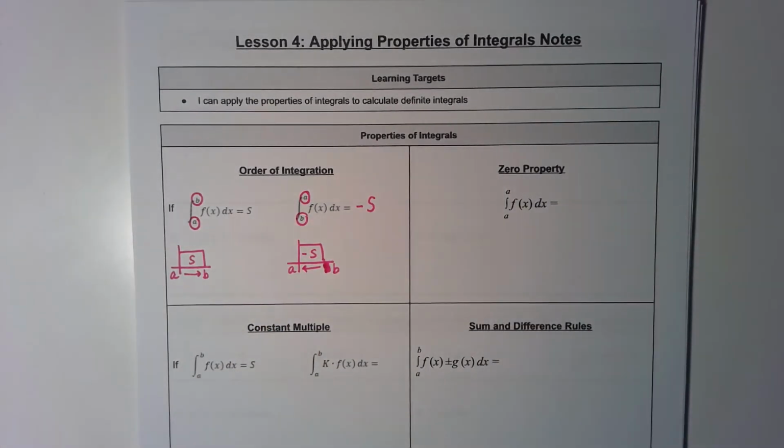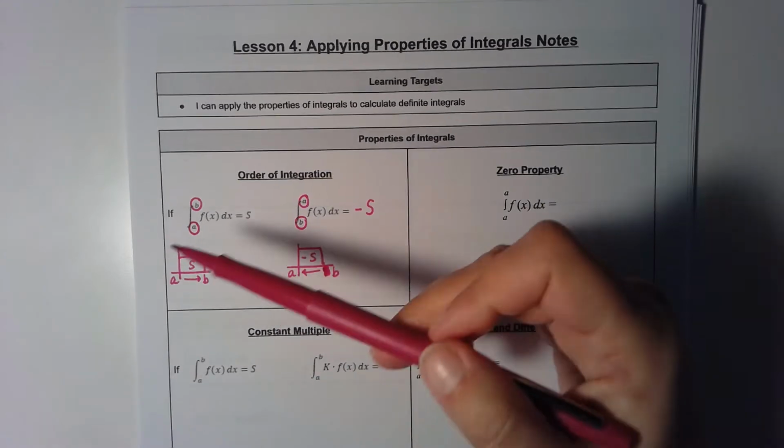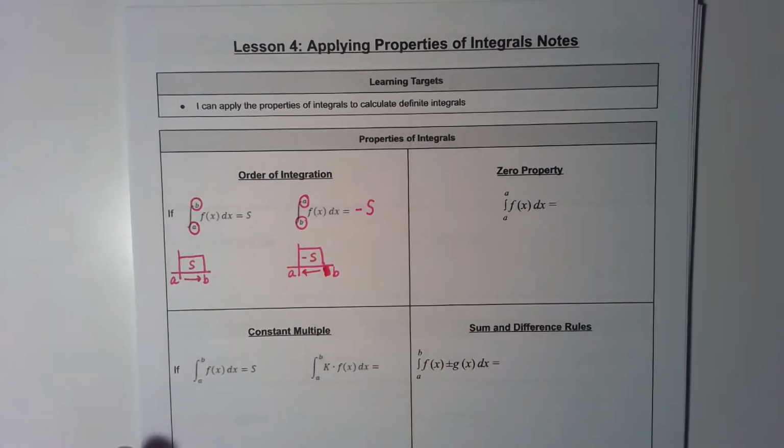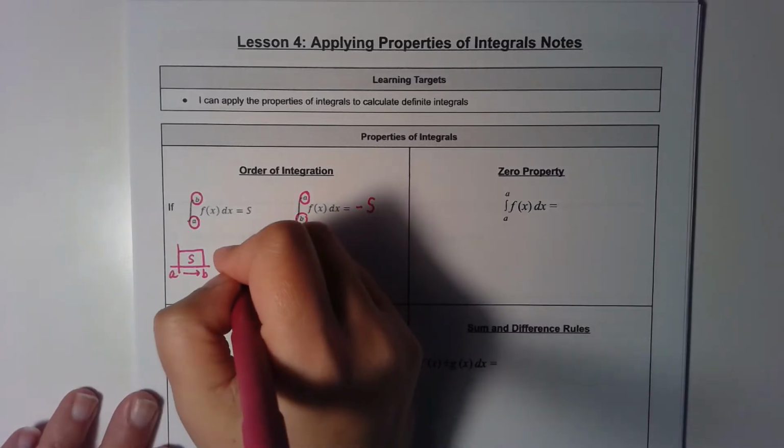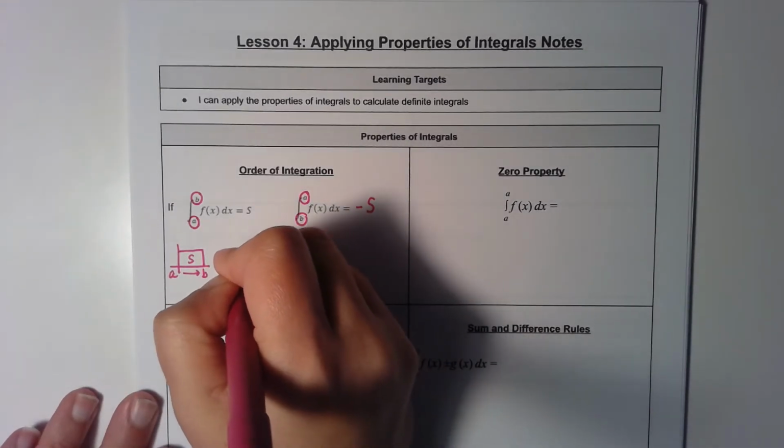Another way that you'll sometimes see this come up is that we know the bottom number here should always be the lower number. If it's not, if the lower number is on the top, then what that means is it makes your area negative because you're going backwards. This means that there are now two ways to get a negative area.